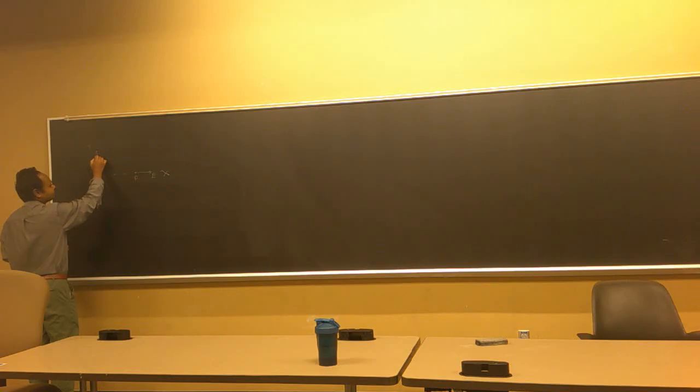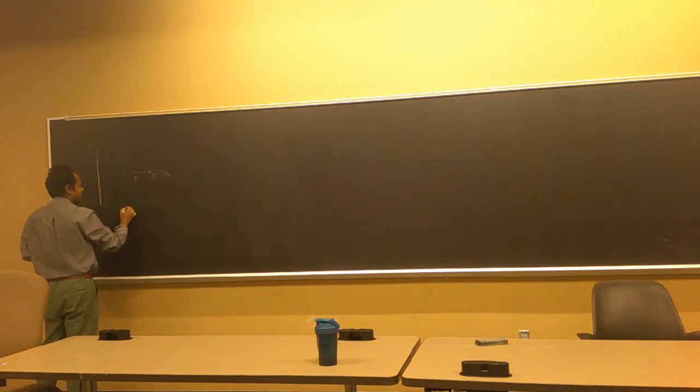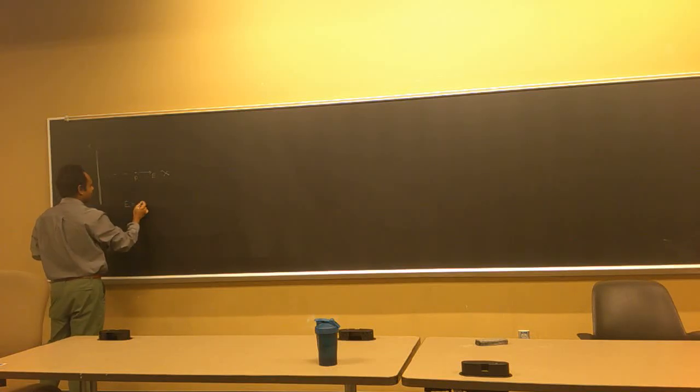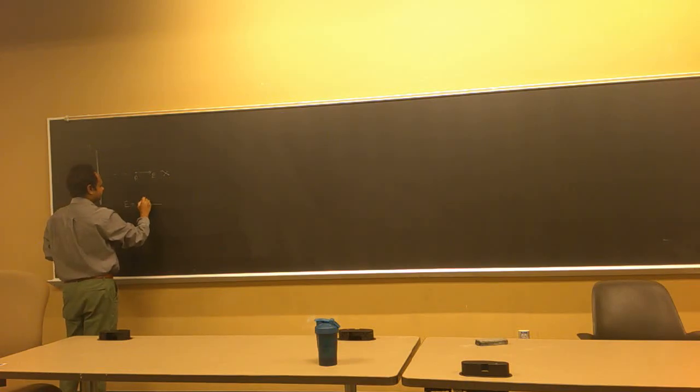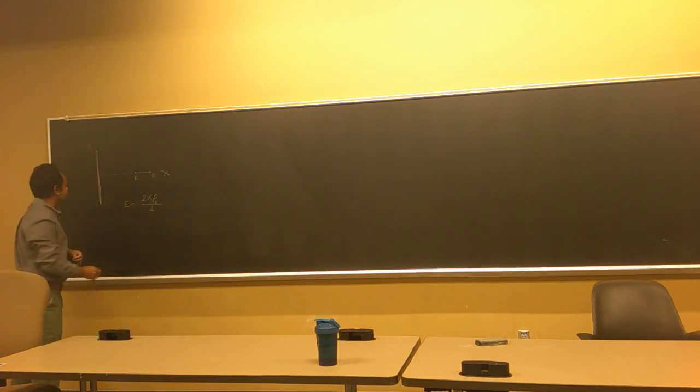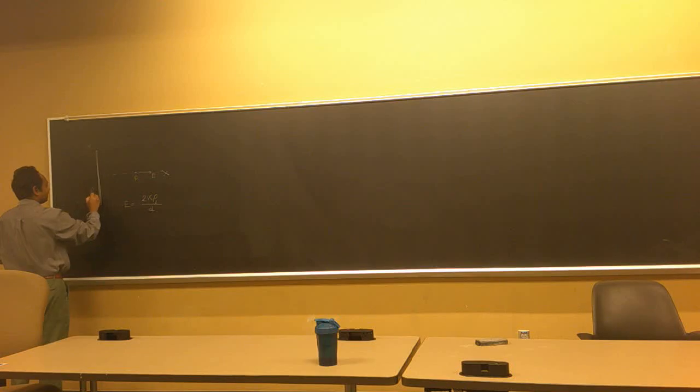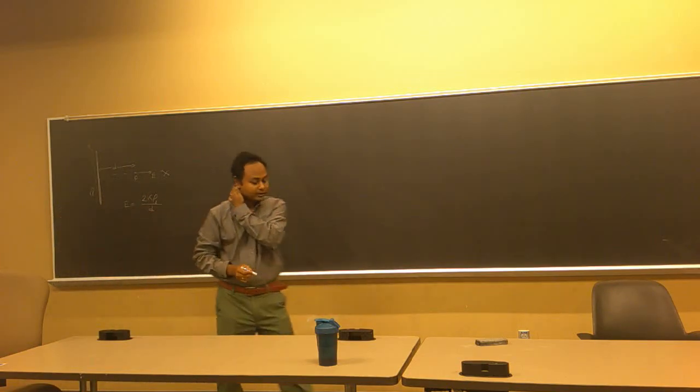Now, the corresponding electric field at this point P can be expressed by K rho L divided by D, where rho L is your charge distribution over this entire wire, and D is the distance between the point and that long piece of wire.